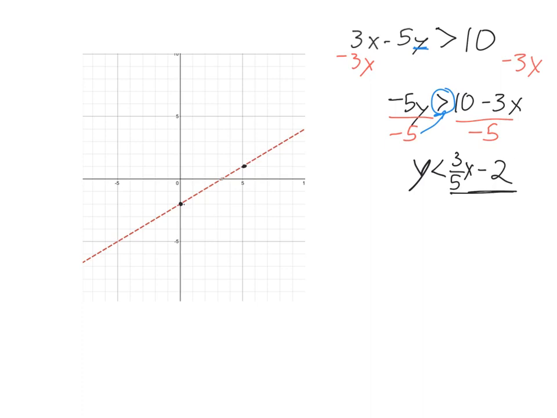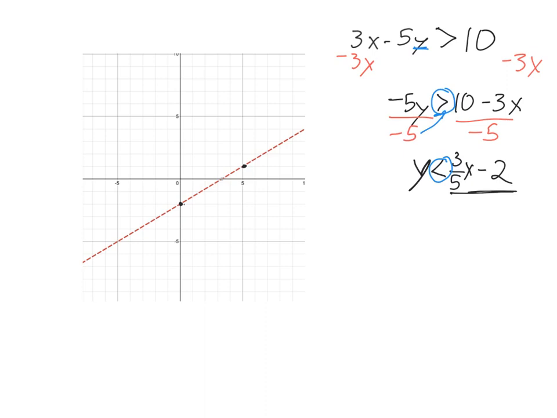Now, what we need to understand is what happens because of the inequality here, how do I draw the line? Okay, since this is a less than sign and there's no line underneath, I draw a dotted line. Okay?